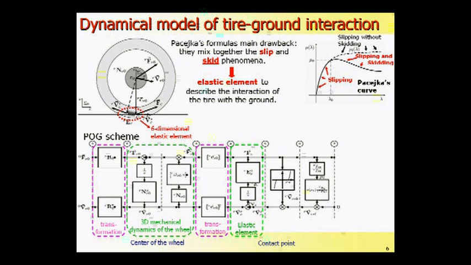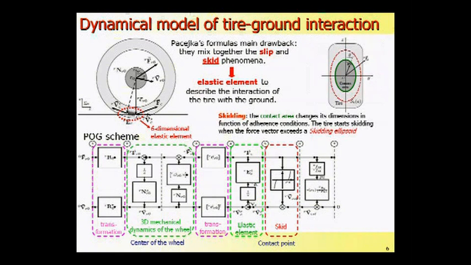The POG scheme in this case is represented in the figure. In the left part, there is the part related to the center of the wheel, and in the right part, the part referred to the contact point. The figure top right is showing Pacejka's typical curve, and in our model we separate the skid phenomena.